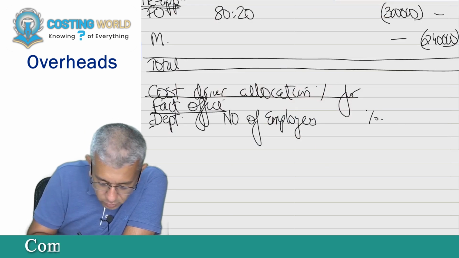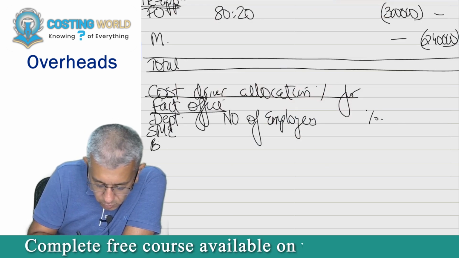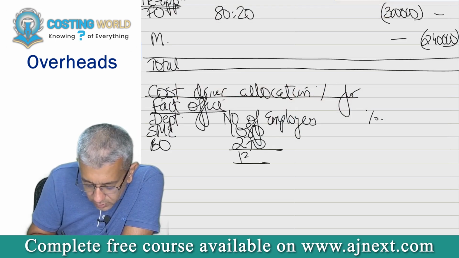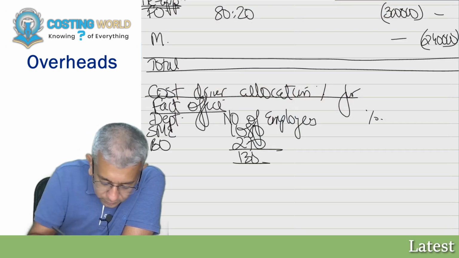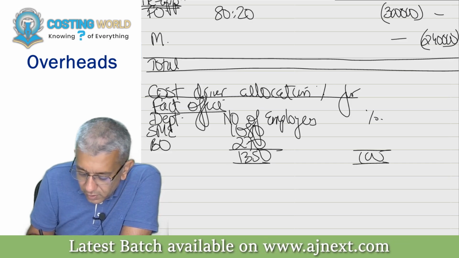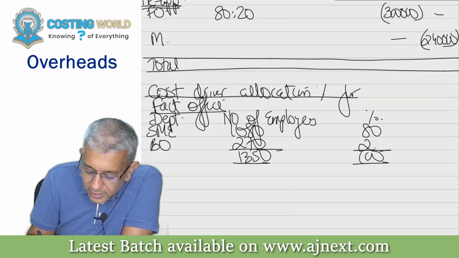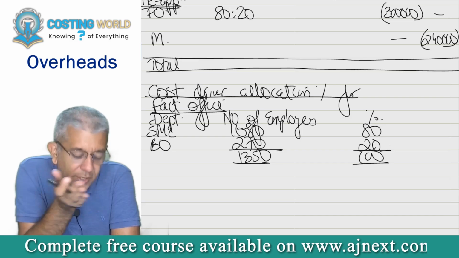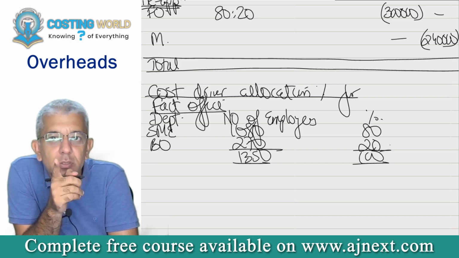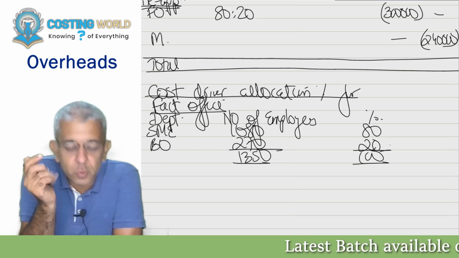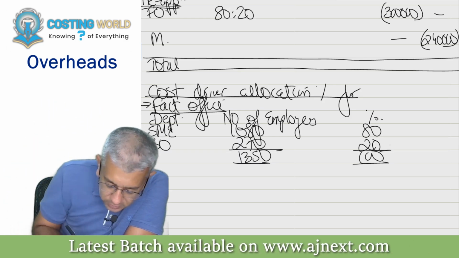So this is snowmobile engine, boat engine, 1080, 270, total is 1350. Convert 1350 out of 100, that will become 80-20, no? So that 80-20 we have all written. Now you all understood? Yes, sir. Thank you. So I have done it for factory office.